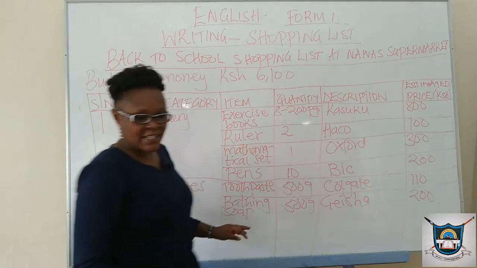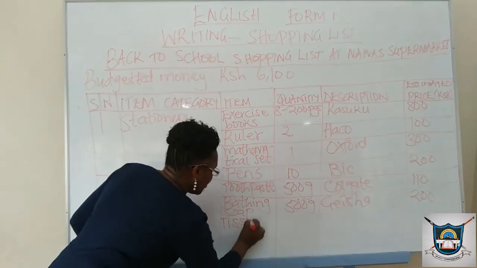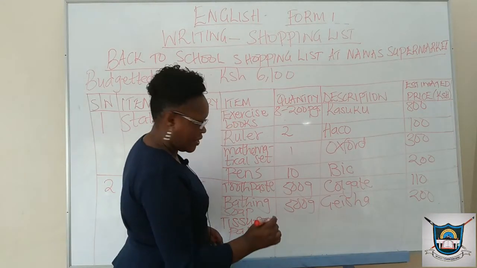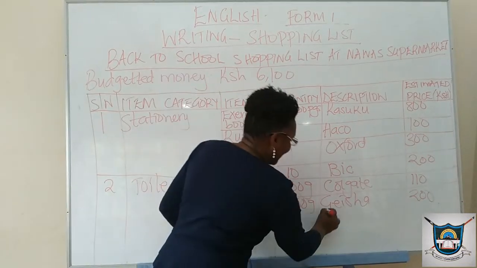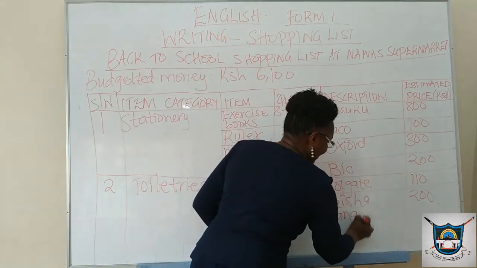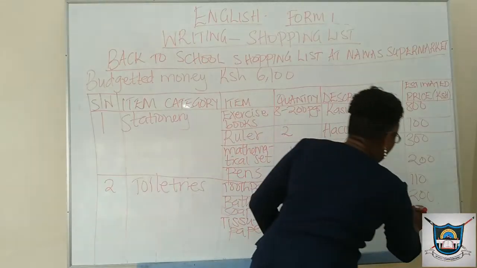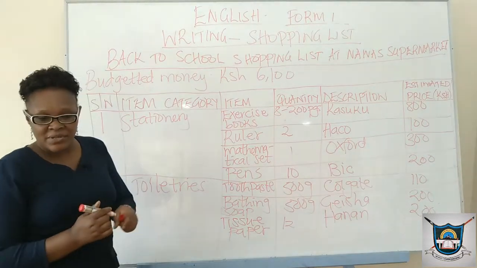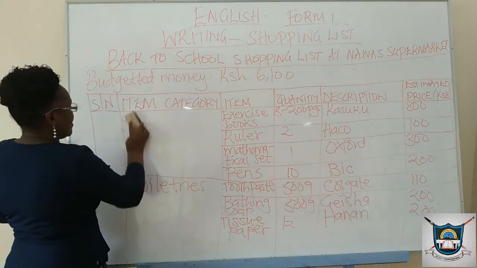And the last item under toiletries is tissue paper. We buy a dozen, 12 of them. And the cost is, let's assume, 200. So now we go to the next item category, number 3.